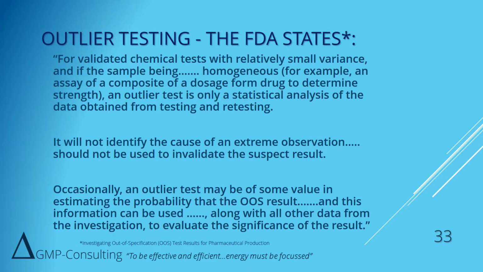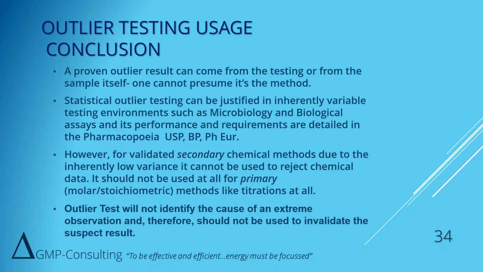This slide just reiterates, in the pharmaceutical industry, you really can't use outliers for chemical tests using primary or secondary standards, because they're based on chemistry. There's no biological variation in there, and ultimately an outlier test cannot identify the cause of an extreme observation, and cannot therefore be used to invalidate a suspect result.